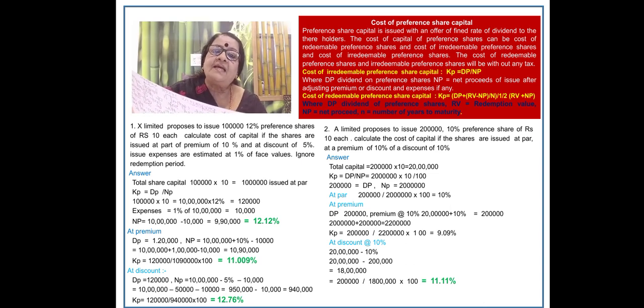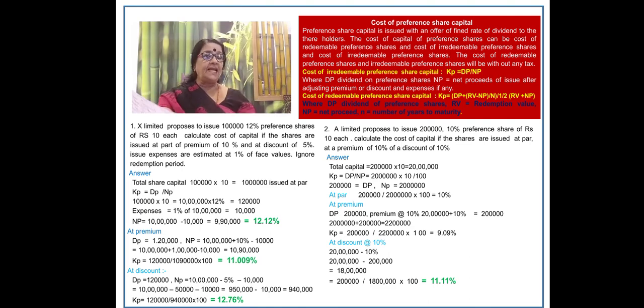And in the next case, it is given at a premium of 10%. So 10 lakh is your capital, and 10% premium is calculated. 10% premium is 1 lakh. So 10 lakh plus 1 lakh premium becomes 11 lakh, minus expenses incurred.